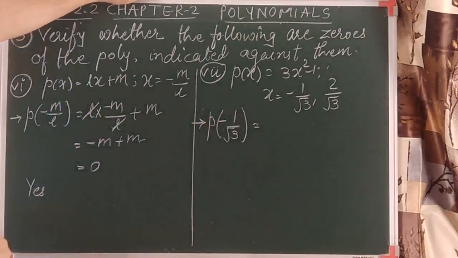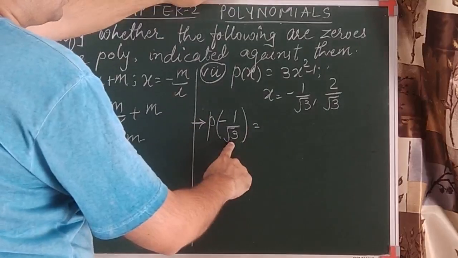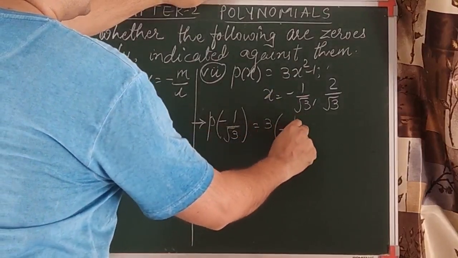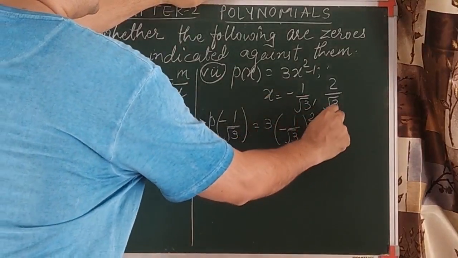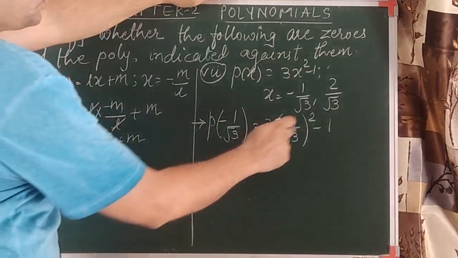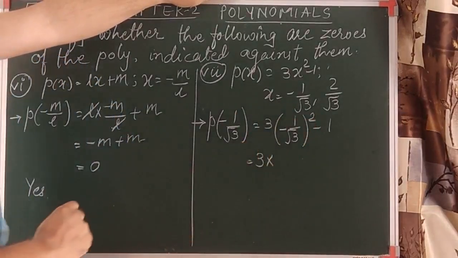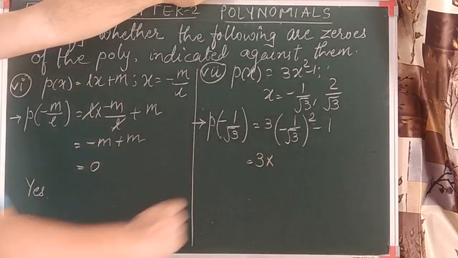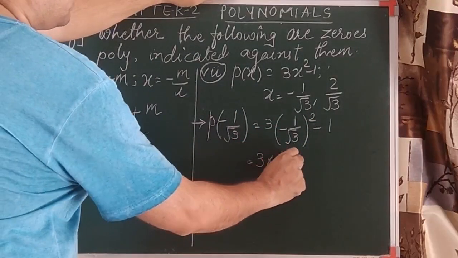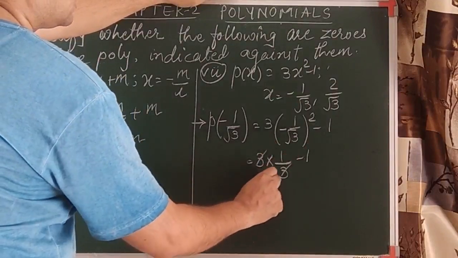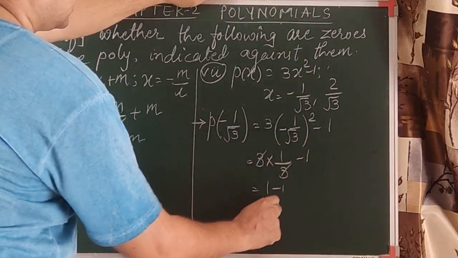Let us substitute the value of x as minus 1 upon root 3. As it is x square, so minus 1 upon root 3 the whole square. First we have to apply the power. As we apply the power, that is square, the negative term becomes positive. So square of minus 1 is 1 and square of root 3 is 3. We can see that both 3s will be cancelled, 1 minus 1, so it is 0.